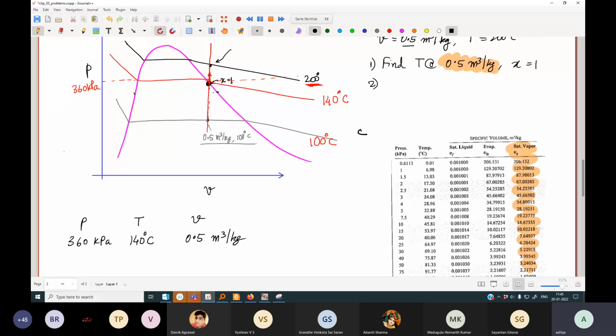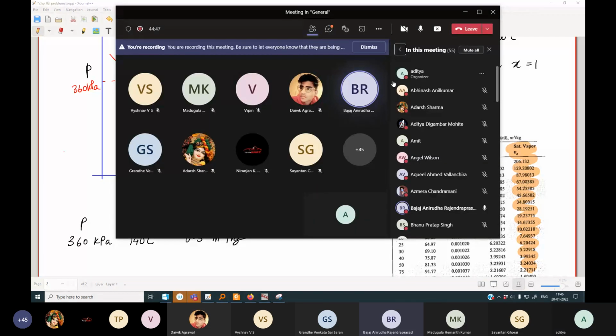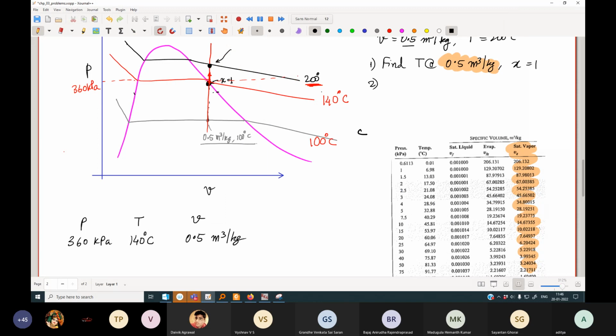So what are the state points of this point? As it is in superheated, we should find in the table of superheated. Avinash, tell us. What are the two state points which fully define this point over here?